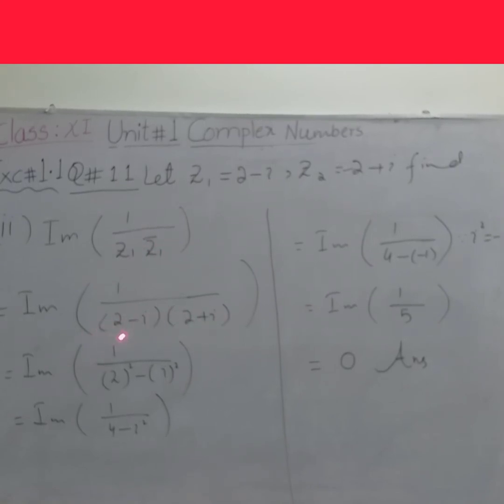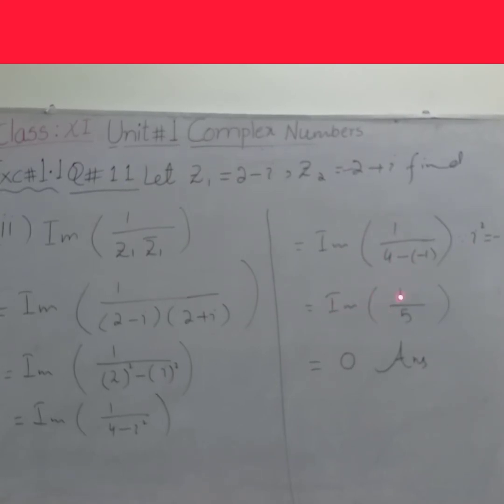Now we have formula (a minus b) into (a plus b), so we have a square minus b square becomes 4, 2 2s are 4, minus iota square, where the value of iota square is minus 1. So 4 plus 1 gives 5.